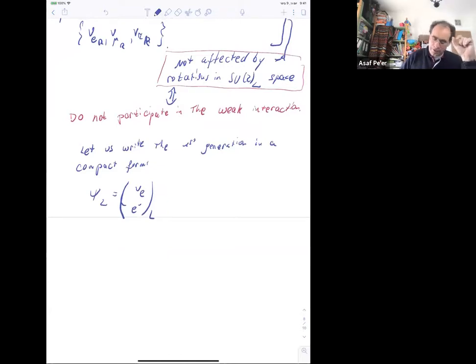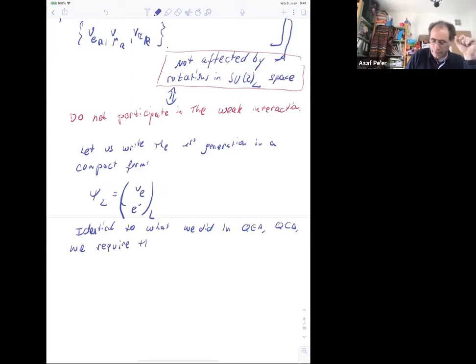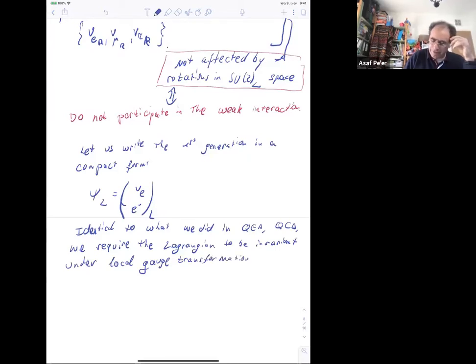Identical to what we did in QED and QCD, we require the Lagrangian to be invariant under local gauge phase transformation.